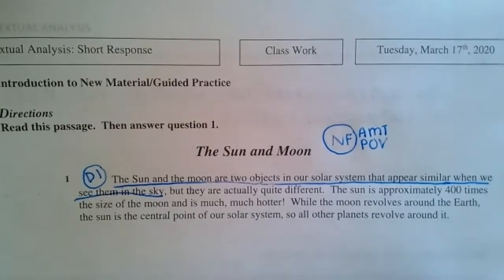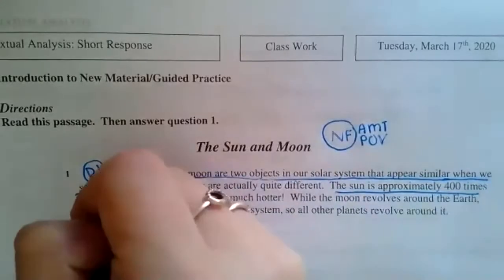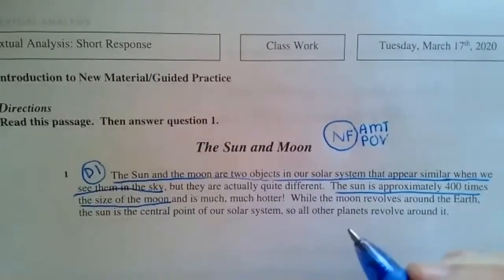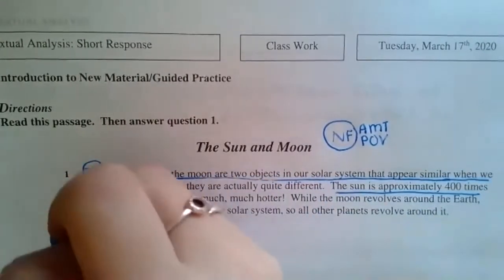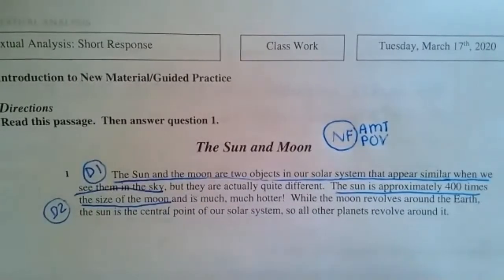There are many options we could have picked for contrast. You can be writing and underlining as I go. You could have picked this one or a different one. I chose the sun is approximately 400 times the size of the moon. Show me a thumbs up if that's the same detail that you chose. Oh, I see Yax chose that detail. Gabriel chose that detail. Awesome.